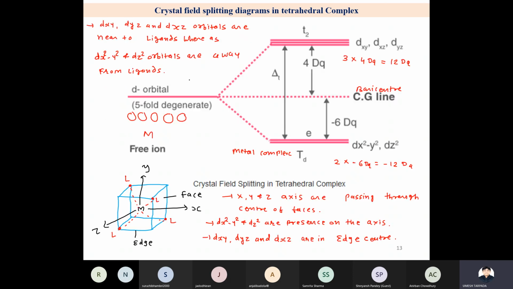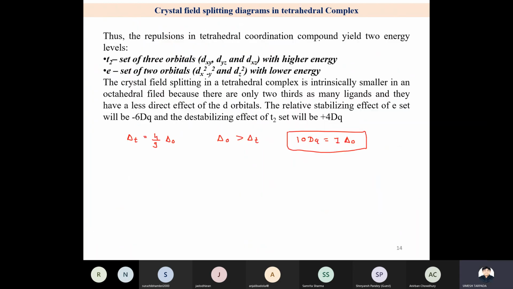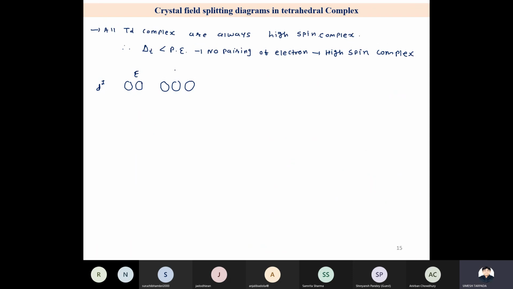So the lowest energy orbital fills first. Look here, E orbital has lower energy as compared to T2, and that's why the E set is filled first. Here we cannot mention gerade and ungerade symmetry because there is no center of symmetry in tetrahedral configuration.